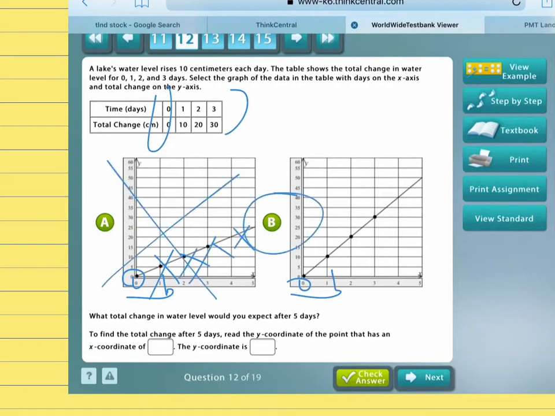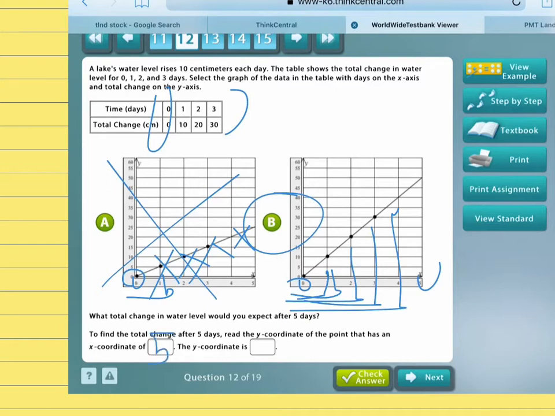Let's circle B. So they got 1, 10, we got 2, 20, we got 3, 30, we got 4, 40, etc. To find the total change after 5 days, read the y coordinate of the point that has an x coordinate of 5.